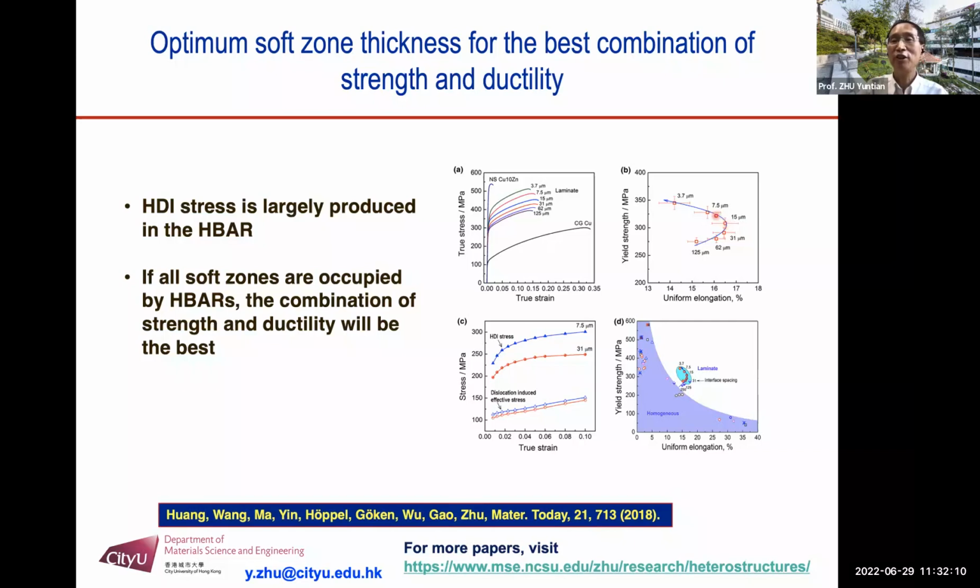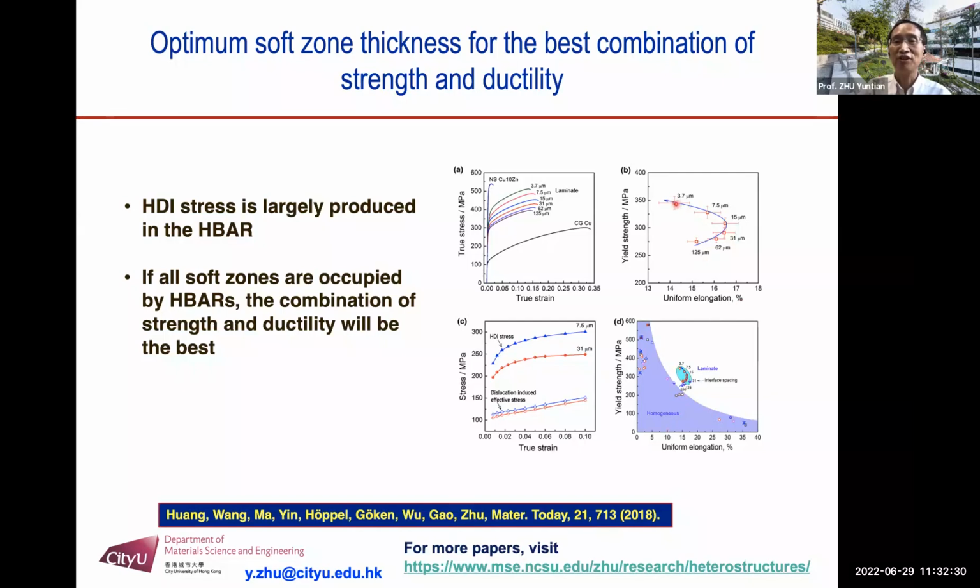If you further decrease the thickness, like 7.5, 3.7 micrometers, the strength will continue to increase, but the ductility started to decrease. That's what we compare here.